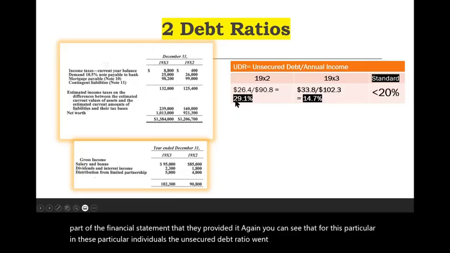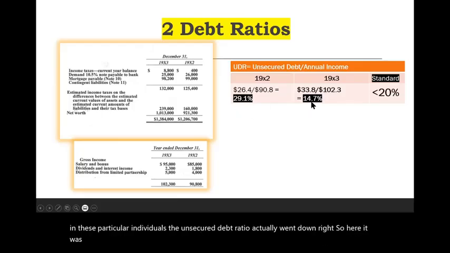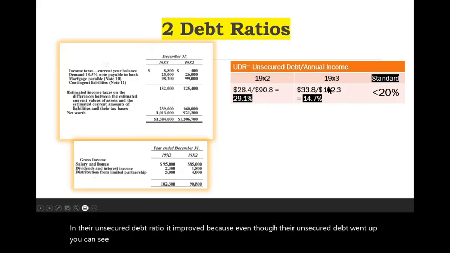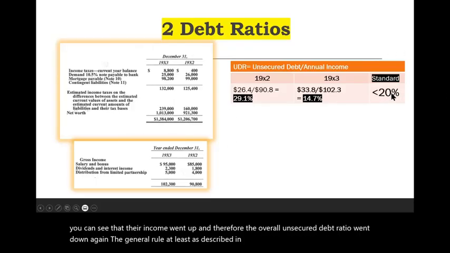So here it was 29.1 and it dropped to 14.7. So this is actually an improvement in their unsecured debt ratio. It improved because even though their unsecured debt went up, you can see that their income went up, and therefore the overall unsecured debt ratio went down. Again, the general rule, at least as described in your textbook, is for it to be 20% or less.